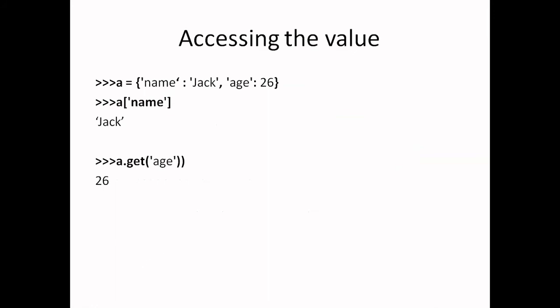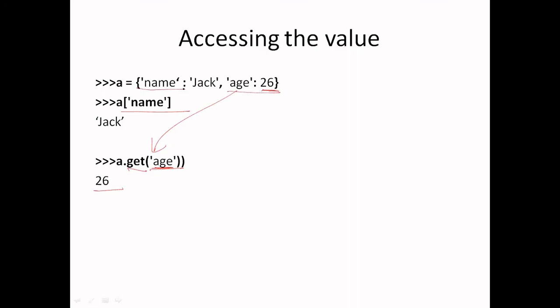We can use the subscript operator, or we can also use the dictionary's inbuilt get function, to retrieve the value. In this case, I have passed age, the key, here. So its respective value is 26, assigned in this element.